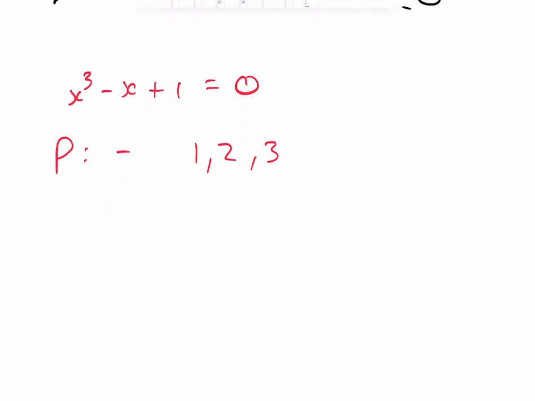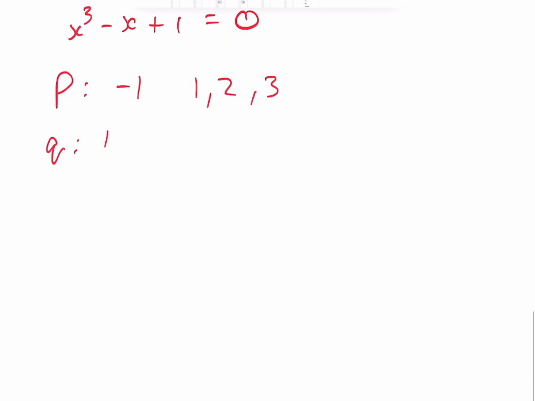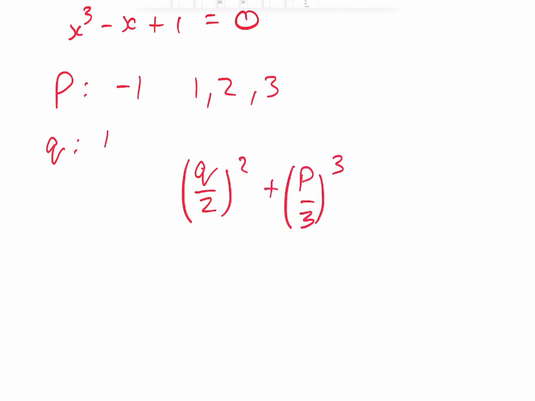What we're now going to look at is the discriminant. So we know that q is 1 and p is just minus 1. So therefore we can say that (q over 2) squared plus (p over 3) cubed is just going to be 1 over 4 minus 1 over 27, because we know that minus 1 cubed will just be minus 1, and 1 squared will just be 1.